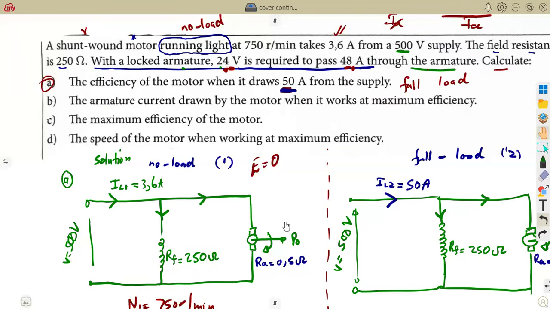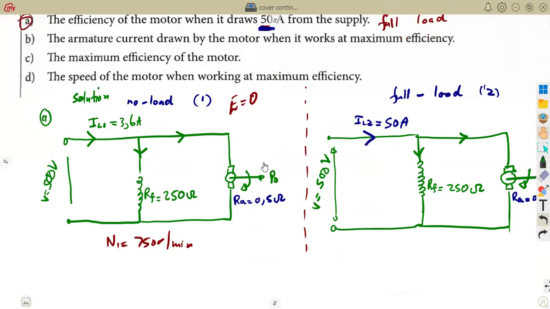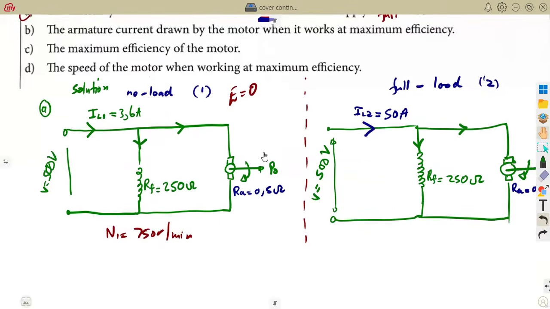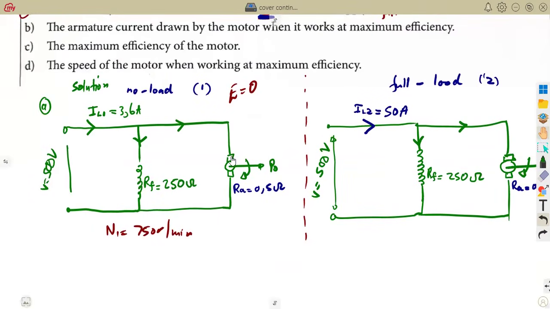If there is anything that we can fill into these diagrams, let us just try to fill in the currents, this and that. Remember, the part of the field is not affected, and we can calculate the current for the field. In this case, the field current, when having voltage and resistance, we just divide. So it is the same, guys, for the first one and for the second one.